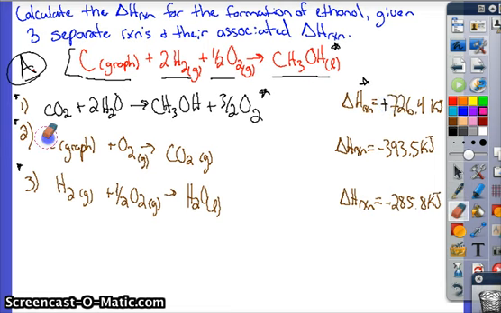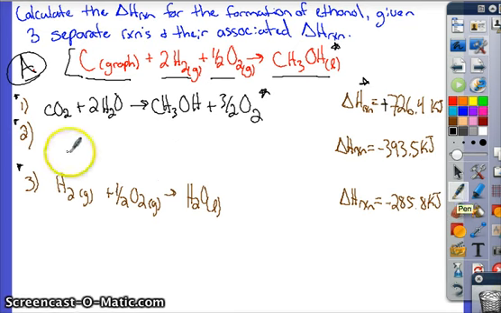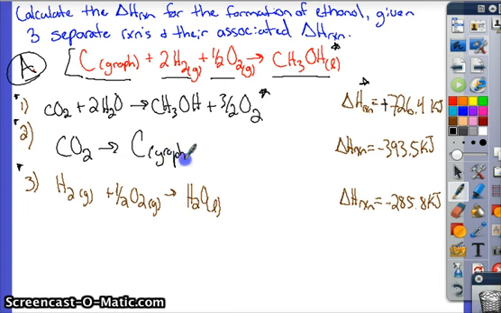We are reversing the second reaction, so graphite is shown as a formation. So the second reaction will become CO2 yields carbon as graphite plus O2. Reversing the reaction causes us to reverse the sign, negative to positive.